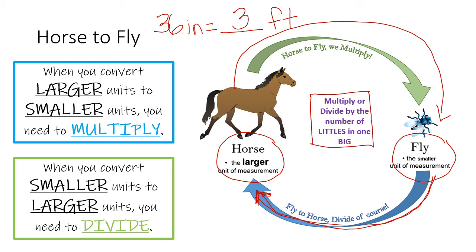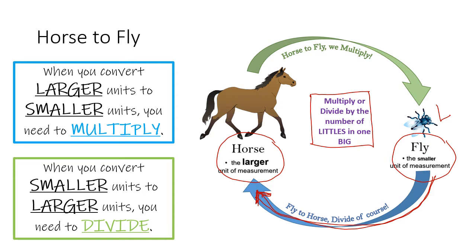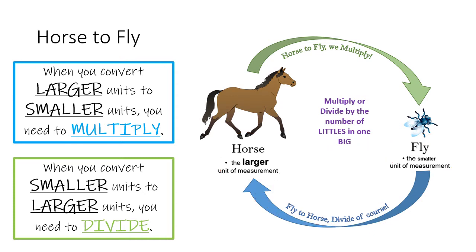All right, let's try one more, and then we will move on. We're going to try a lot more, but just one more right now. Okay. Why don't we do 2 yards is equal to how many inches? So let's take a look at this problem.